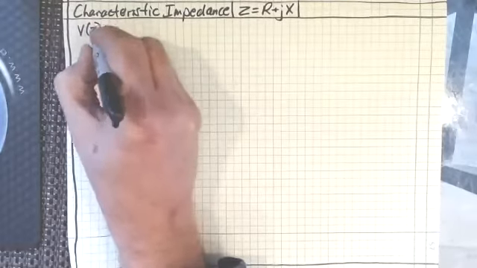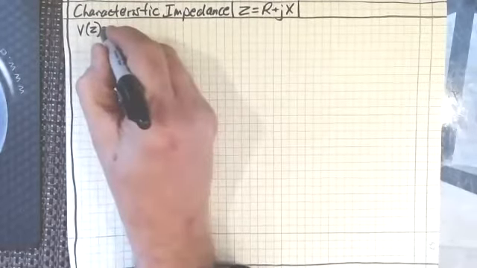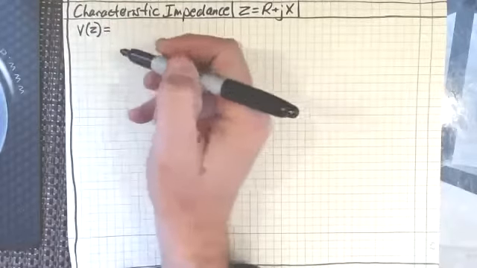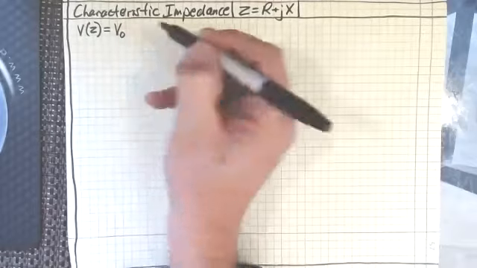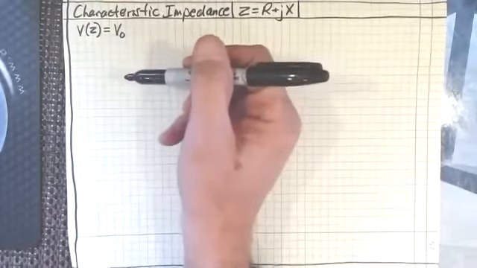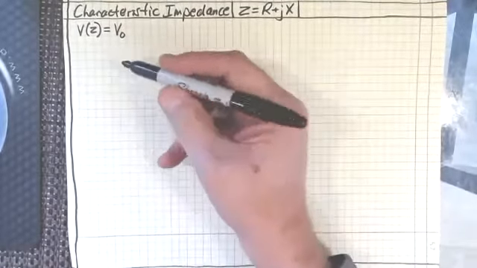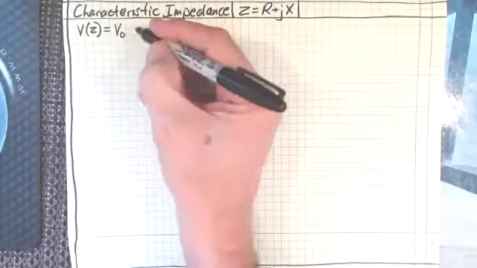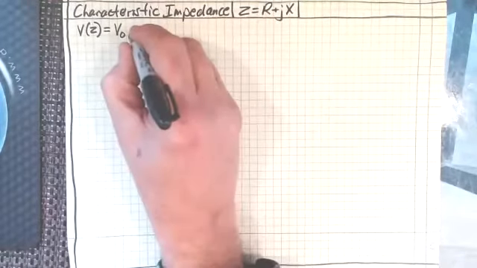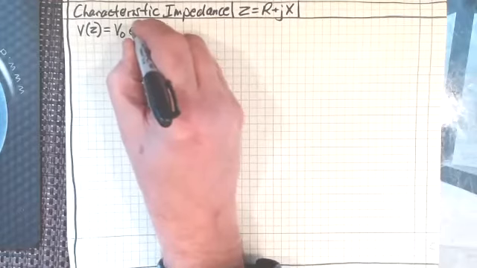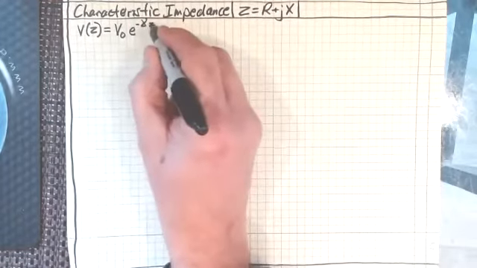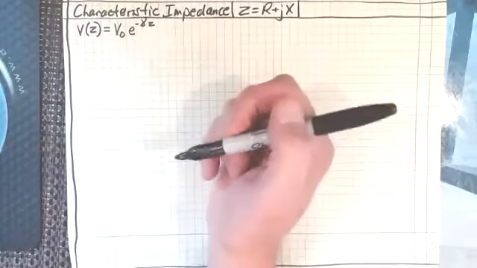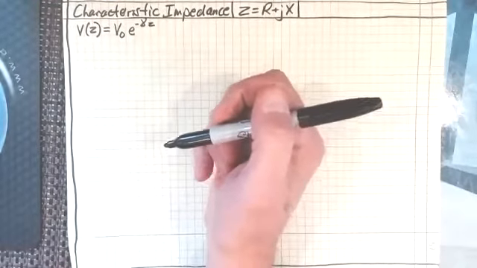Before, in that last equation, you remember I was referring to V of z. Well, what is V of z? V of z is going to be some V0, some V magnitude, some V peak, whatever you want to call it. I'm going to call it V sub 0, and then e to the minus gamma z, because gamma is our propagation constant. So that's what it is.